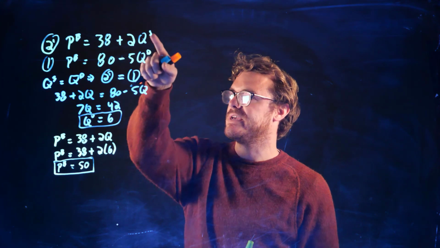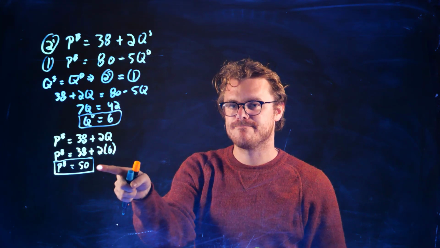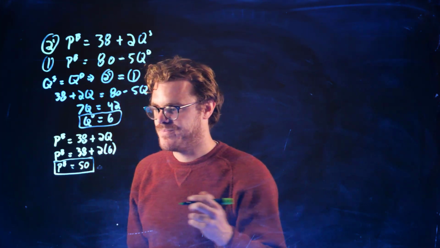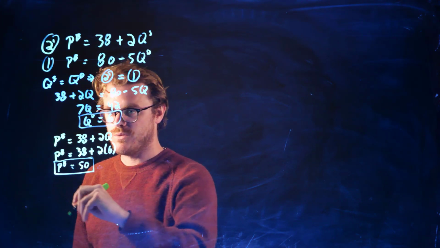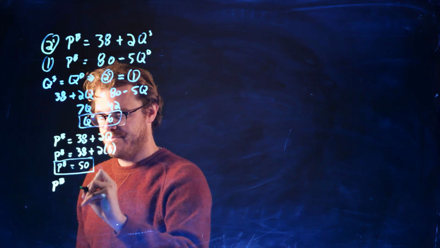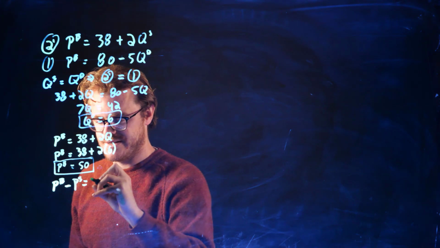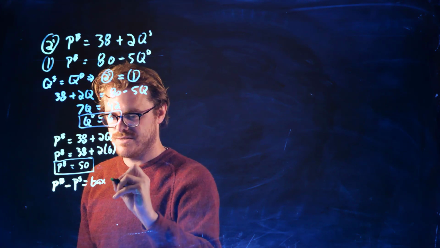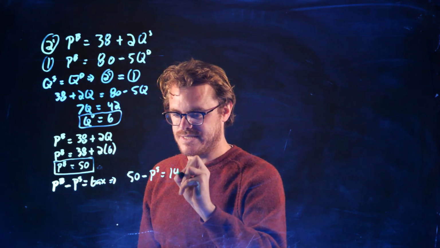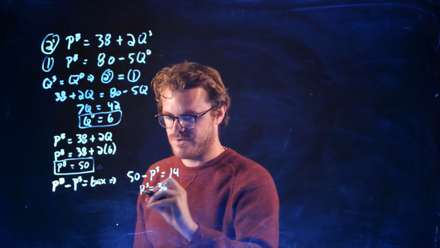We just took our quantity and plugged into either of these two equations to get the price the buyers pay. So 50 cents a liter now. And now we can use that third identity we talked about before. PB minus PS equals the tax. So that means 50 minus PS equals 14. Well, we know it needs to be the difference, so 36.